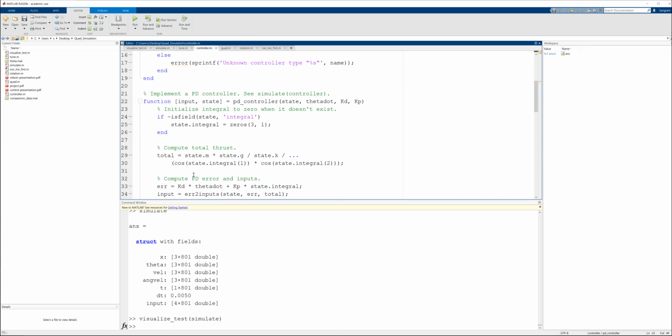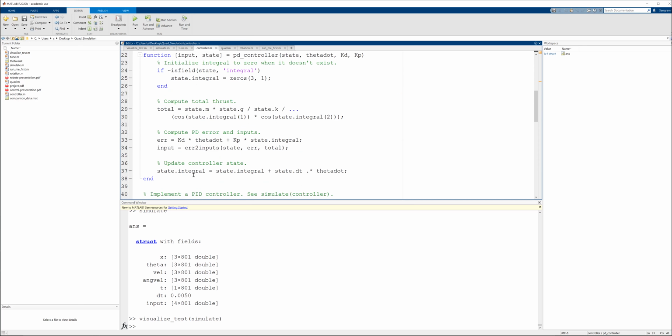This is the basic equation for controller values. First it's going to find out the state, multiply with the gravity, and then find out the integral value and the second integral value. So basically, this is the denominator of the thrust equation.